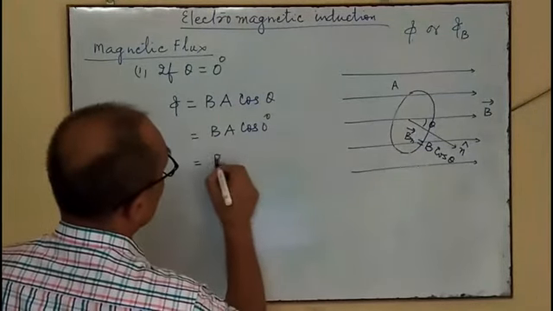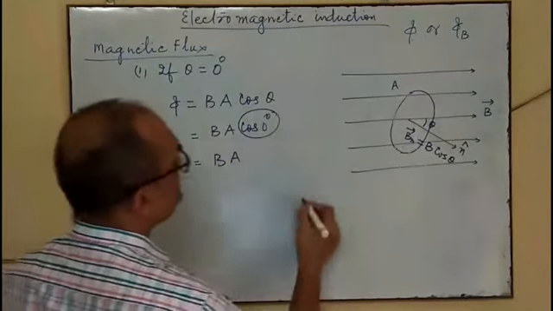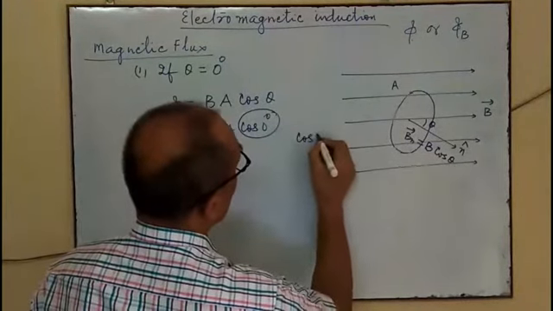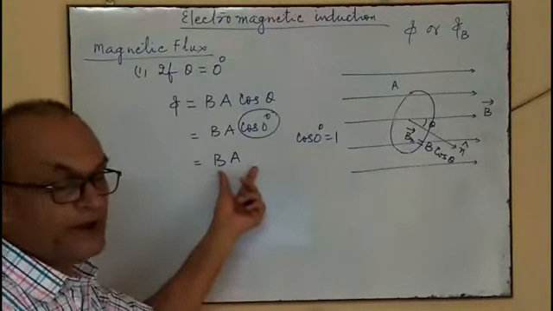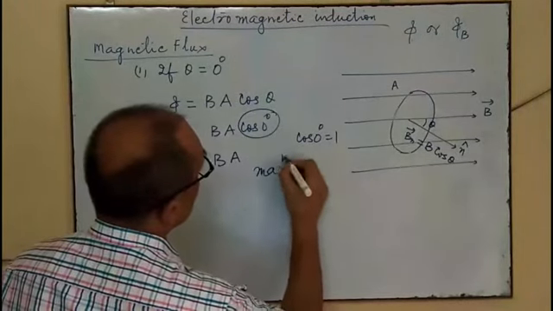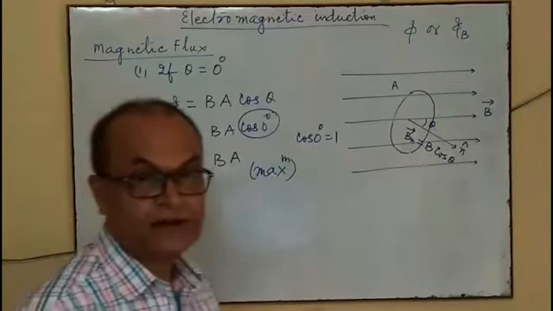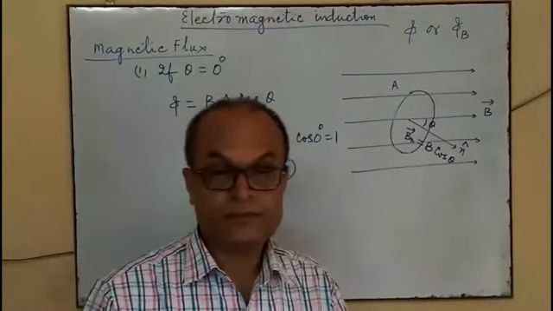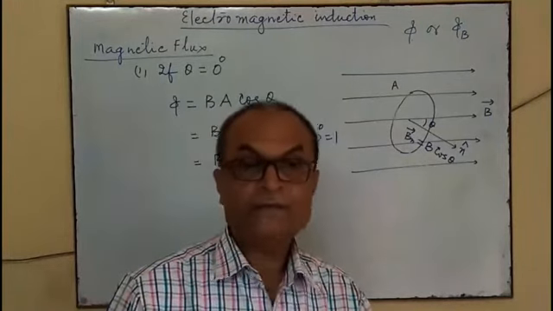So this value will be BA. This gives you the maximum value of magnetic flux when both B and A are perpendicular to each other.